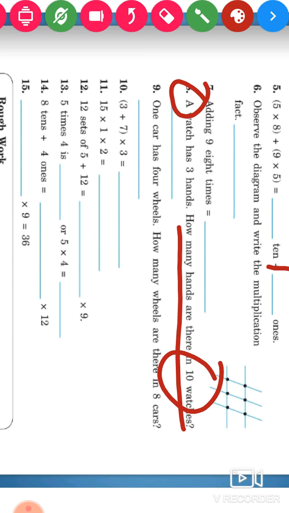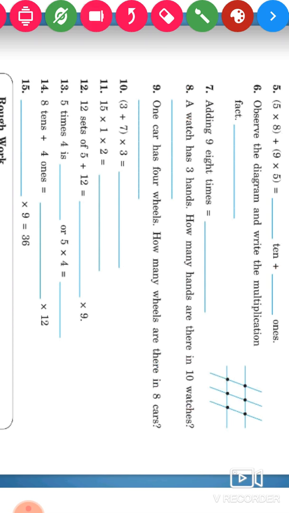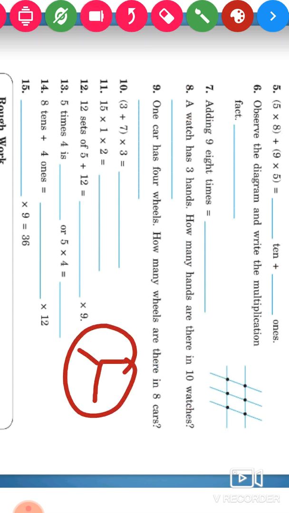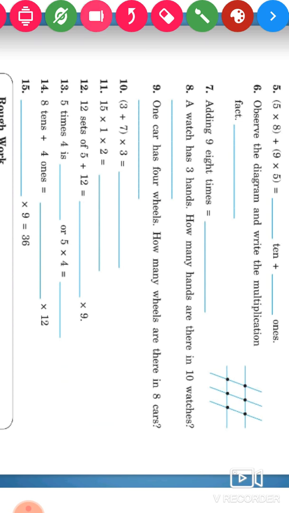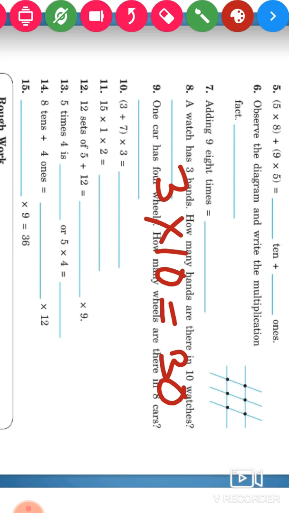Yes, we have to multiply. So 3 into 10. 3 tens are 30. Okay, so this is our answer.